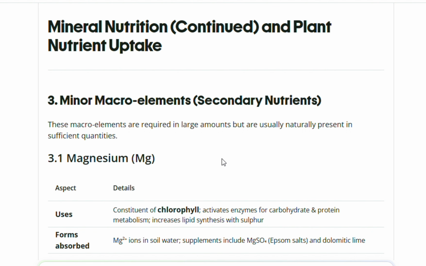How is it absorbed? The form absorbed is Mg2+ ions in soil water. Supplements include MgSO4 and dolomitic lime.